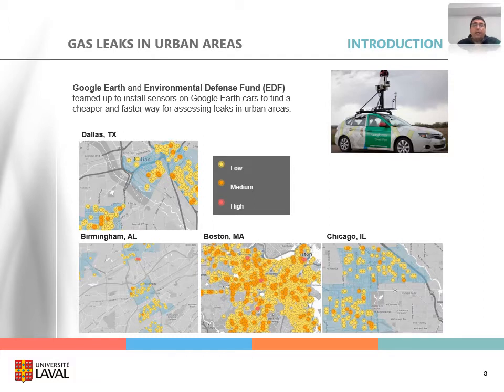Google Earth and EDF actually teamed up to install sensors on Google Earth cars to find a cheaper and safer way for assessing leaks in urban areas. You can see here different cities and how much gas leak they could detect and the severity of those gas leaks.